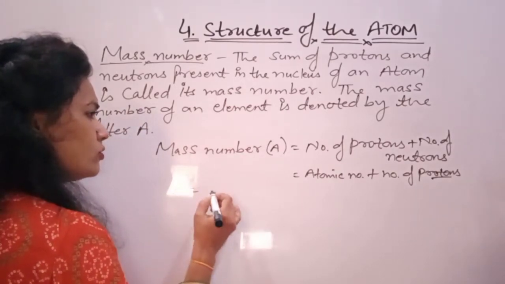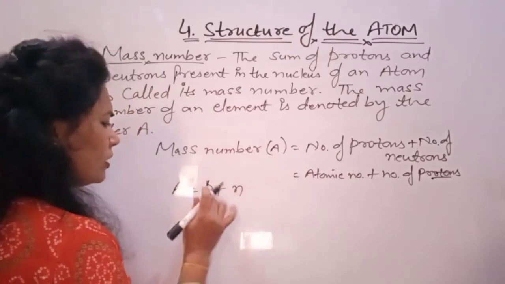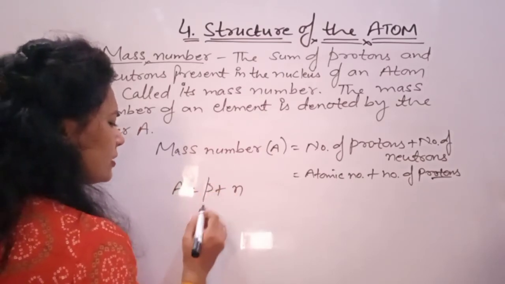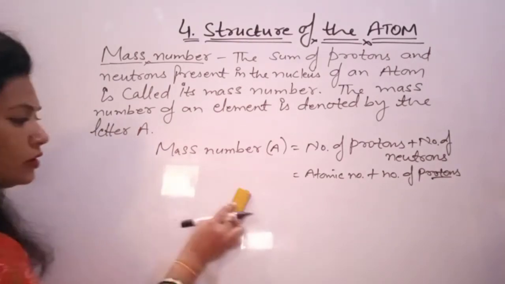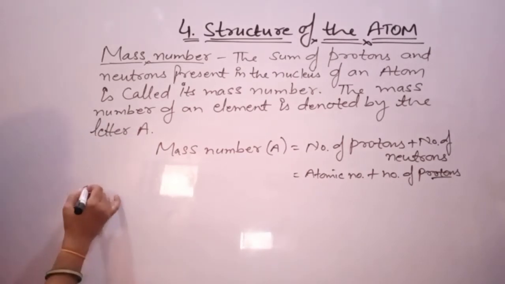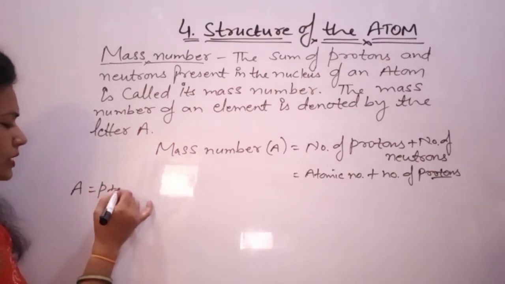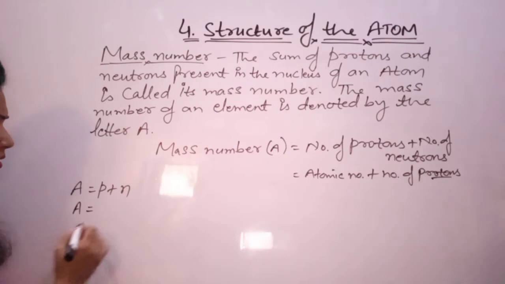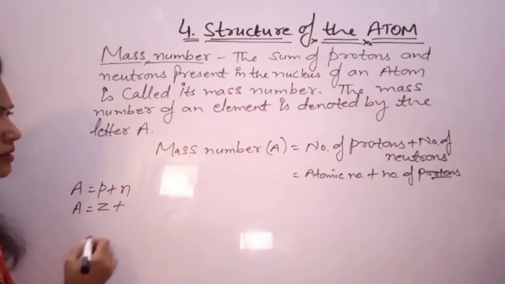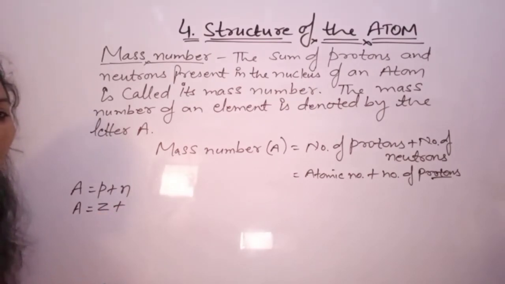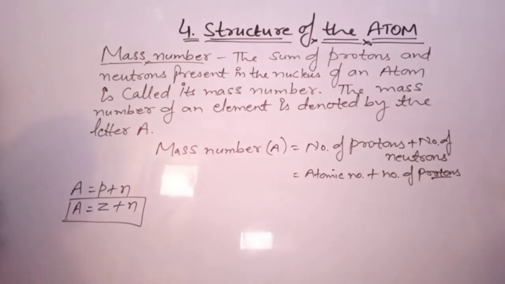So A equals the number of protons, P, plus the number of neutrons, or you can write the other formula: A, the mass number, equals the atomic number, denoted by Z, plus N, the number of neutrons. So these are the two formulas.